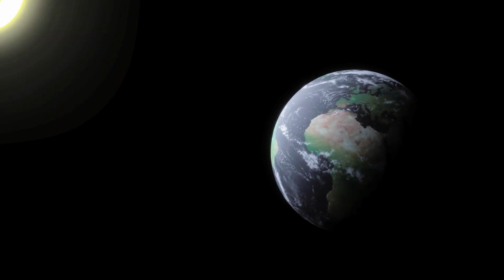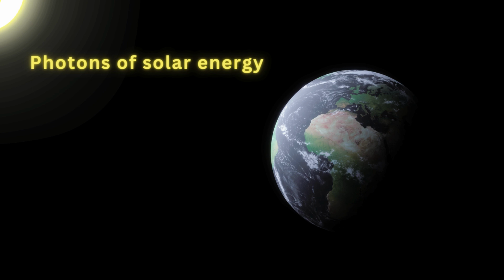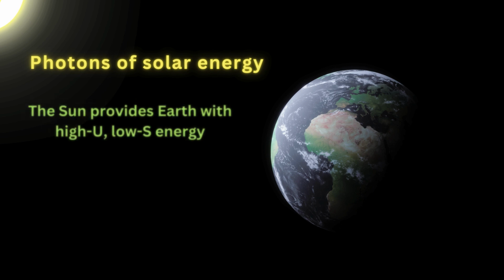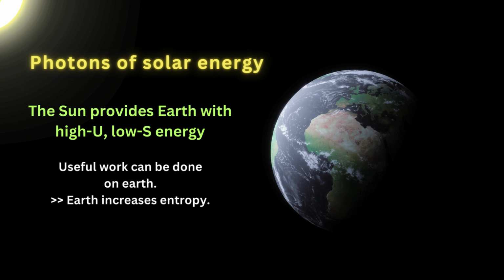The most important example in our everyday life is the relationship between the Sun and the Earth. Earth is thermally connected to the Sun. This wonderful star generates an immense amount of nuclear energy each second. This energy is released into space in the form of photons. The Sun provides Earth with low entropy, highly efficient energy. Due to the optimal distance from the Sun, liquid water can exist on Earth, allowing this energy to be utilized in various Earth processes and systems.